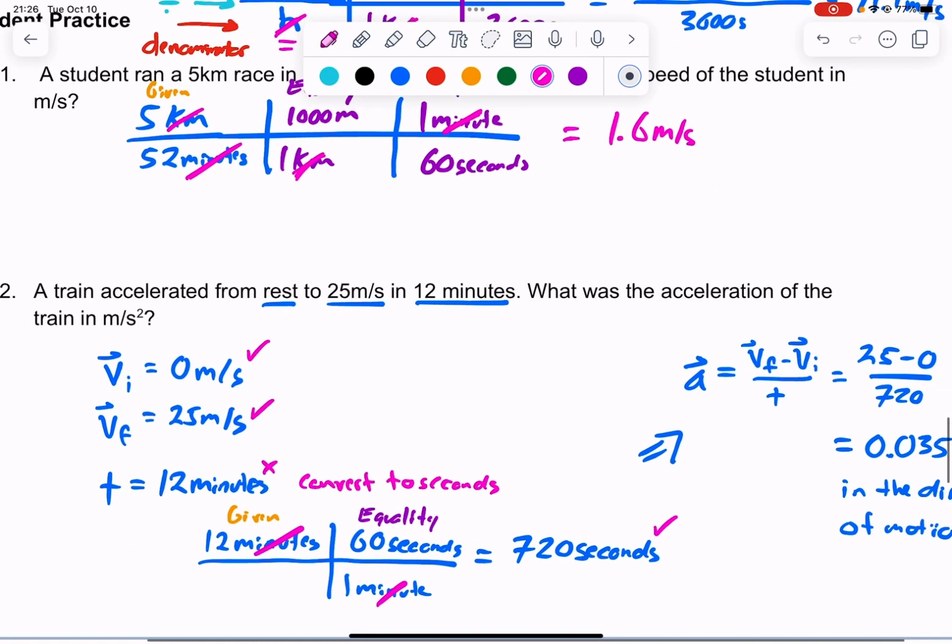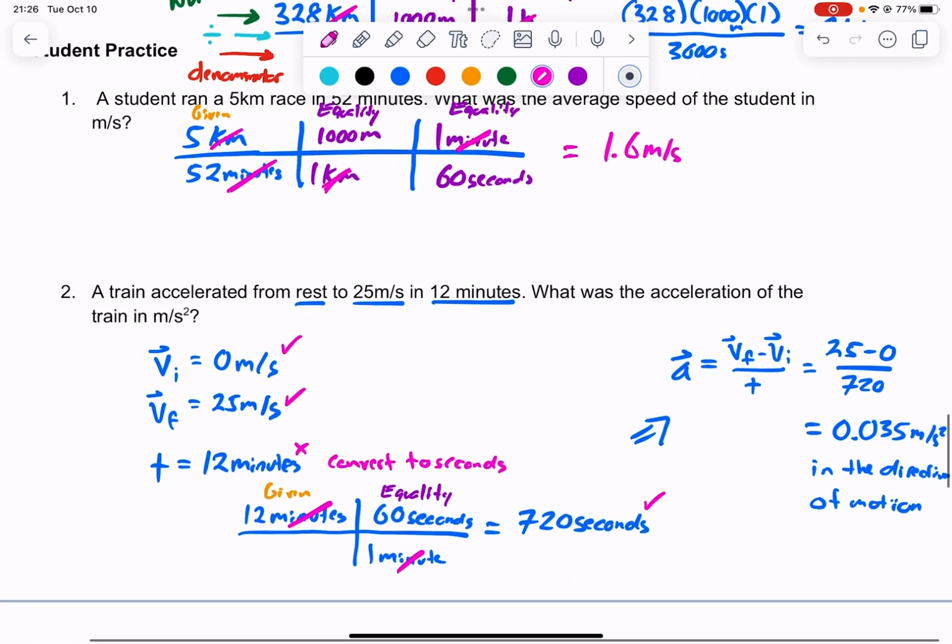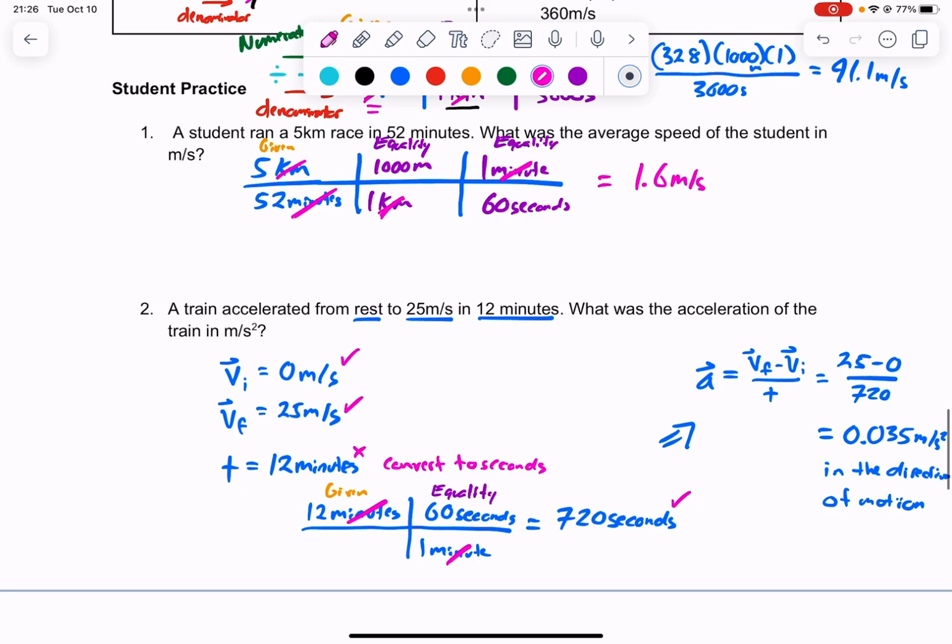The next one here, you could use a conversion table, but with this one it's actually a little bit easier to do the conversion itself. If you think about it, rest would be at 0 meters per second. Final velocity is 25 meters per second, which is the correct SI unit for velocity.